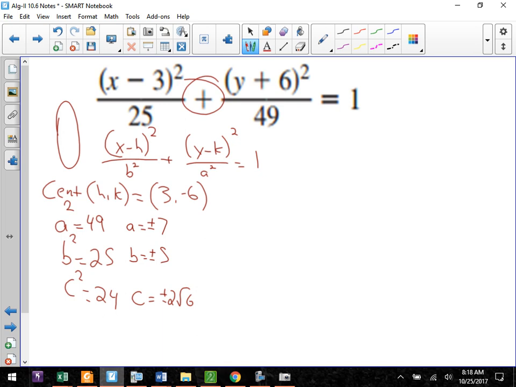So where do you start your graph at? The center. Yes. Start at our 3, -6.